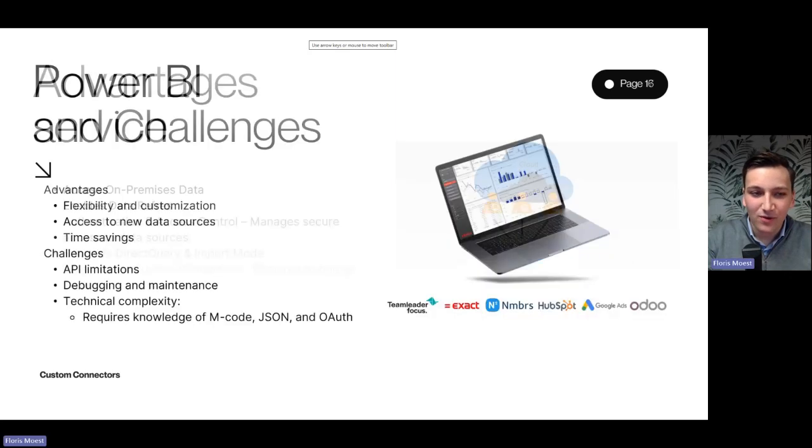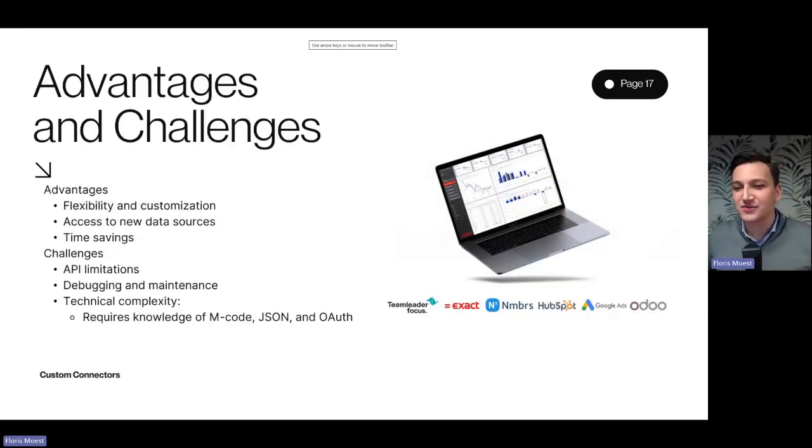So what are some challenges and advantages? Because we're already coming close to the end of my talk. Definitely the advantage is flexibility and customization. If you look on this screen, you see this laptop with this dashboard. This is a dashboard that I've built myself on top of a custom connector for Exact Online.